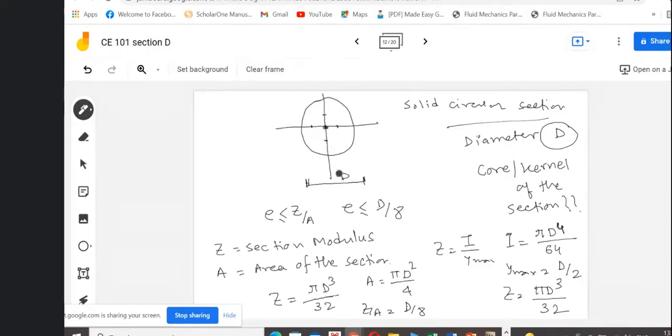So this is D by 8, this is D by 8, this is D by 8, this is D by 8, and everywhere it remains the same.